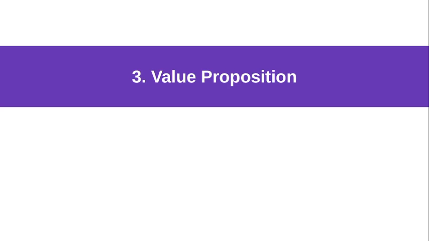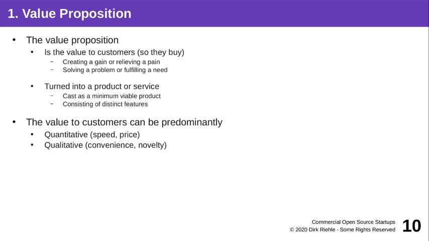Your goal, your purpose in life as a company is to deliver value to customers, and that's where everything else derives from. So the value proposition is, well, the value of something to customers, so they buy, they pay for it, typically turned into a product or a service.